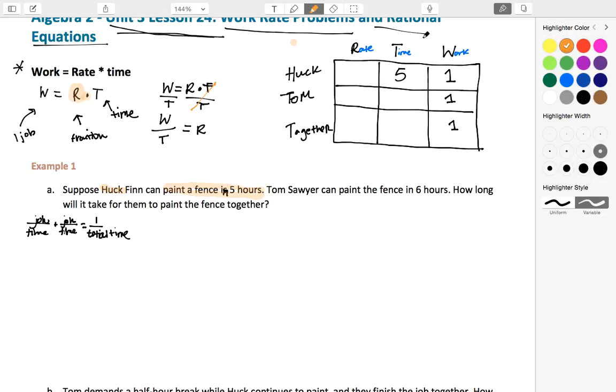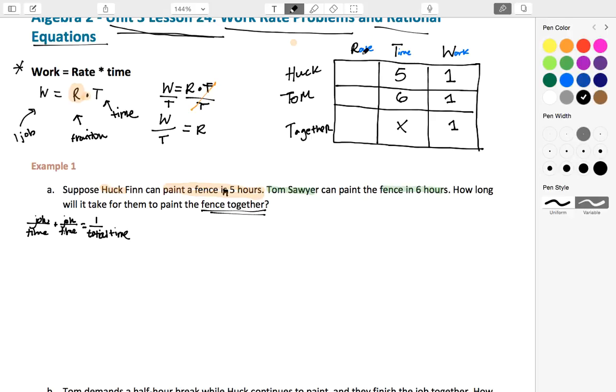And then for Tom Sawyer, he can paint the fence in 6 hours, right? So then we know that's going to be representative in our chart, 6 hours. We don't know the total time they take to paint the fence together, so we put X for together, right?